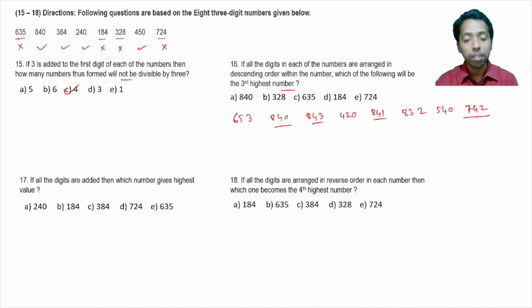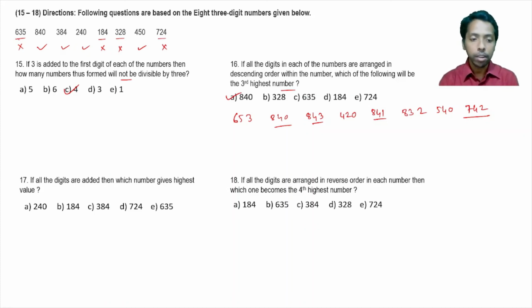Intentionally, it may be given in the options that the changed number is given, and you may mark that number as the answer, but that is not the case. Whatever number comes as the third highest, from where this number comes, that means the base number, we have to mark that only. That means 840. In this case, both are same, but yes, this is what I have to tell you.